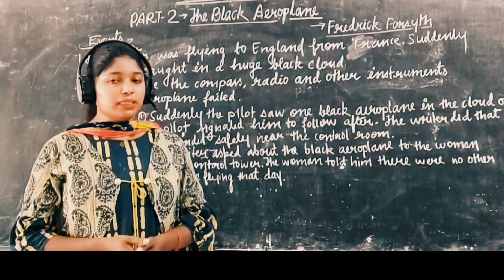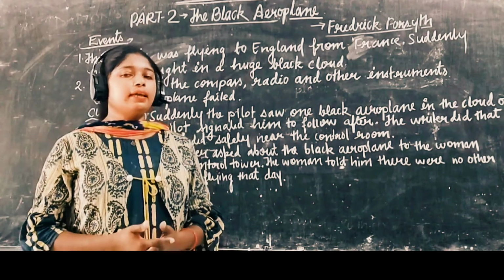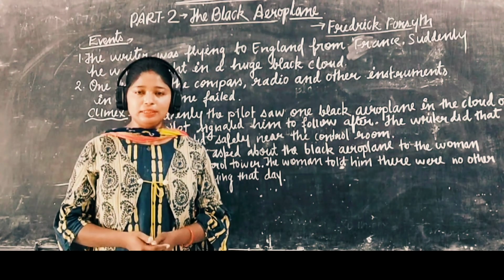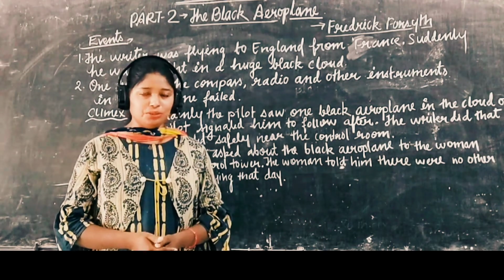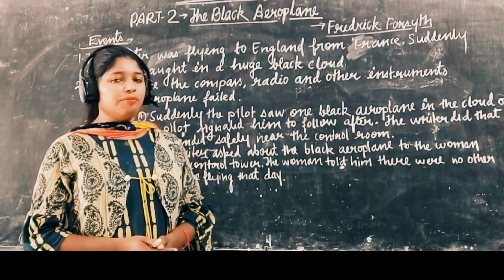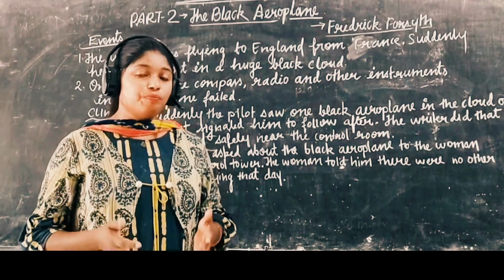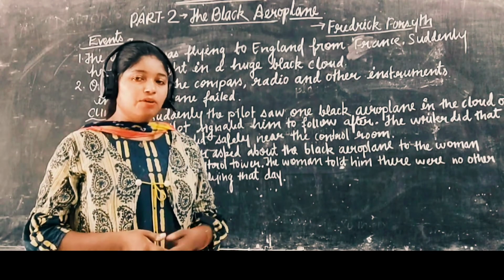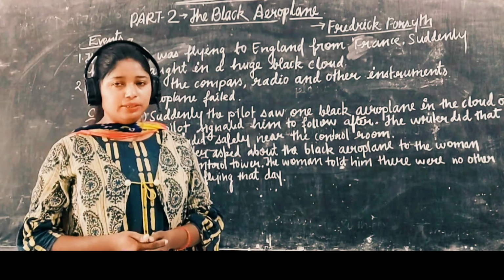What was the response of that lady? That lady said that there was no other aeroplane flying that day. This is the mystery of the story, that there was no other aeroplane flying. So which aeroplane helped the narrator come out of that danger?